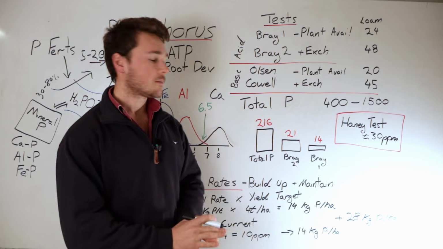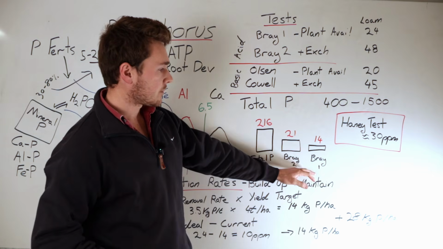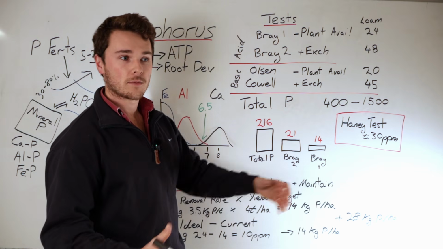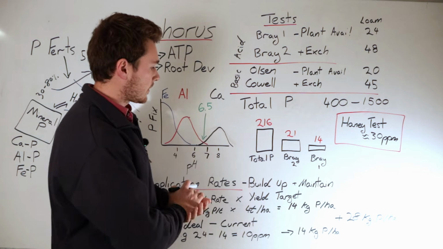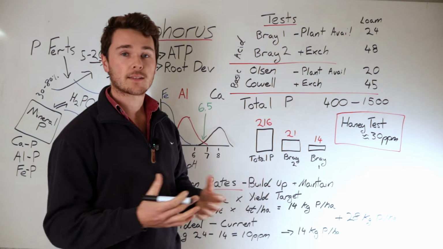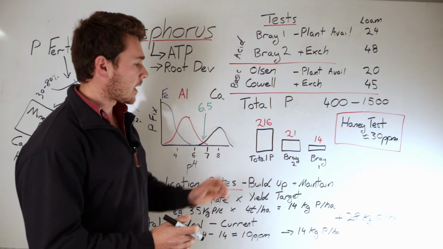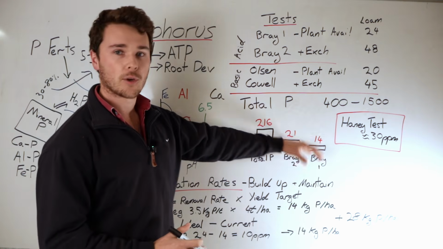So in a different situation, if our total phosphorus was at 1,000 parts per million and our Bray 1 was at 14, the question we need to ask ourselves now is, why isn't this phosphorus converting into available phosphorus? And that's likely due to a lack of microbial activity. The question is very much different to, okay, we need to get this number up, to let's convert that over.